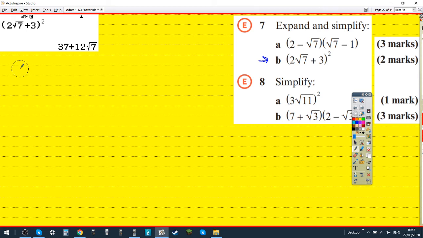Do you know how to expand a square bracket? Oh yeah, it'd be just 2 root 7 plus 3, and then 2 root 7 plus 3. Right. Yep, and then you would just expand it normally.